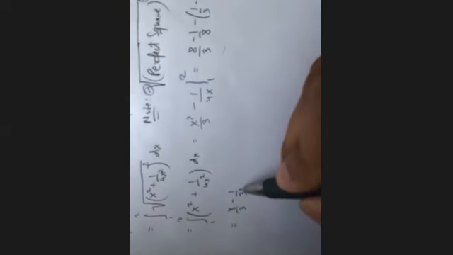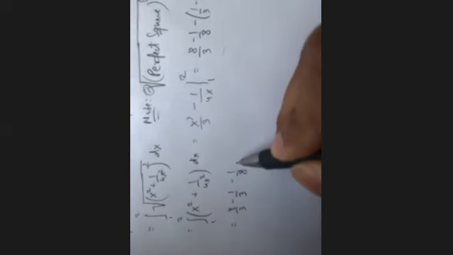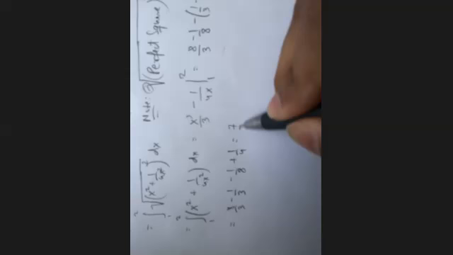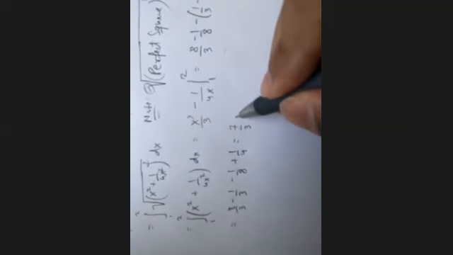So we have 8 over 3 minus 1 over 3 minus 1 over 8 plus 1 over 4. This gives us 7 over 3 plus 1 over 8. So common denominator is 24. We have 56 plus 3.